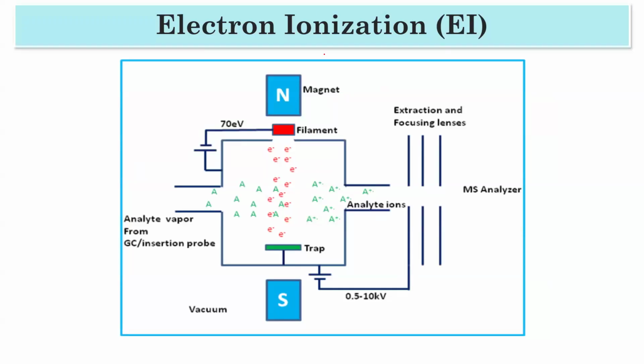This is the diagram for electron ionization. Your analytes in gaseous form go inside, and you have electron beams. Your analytes will get ionized, and these ions, if they are unstable, will also get fragmented.